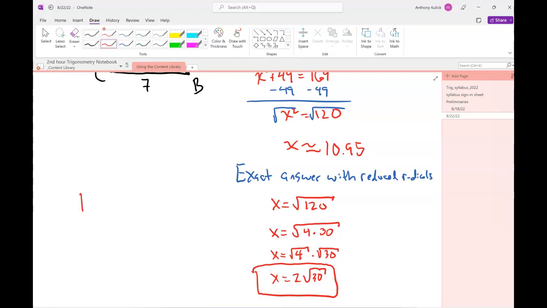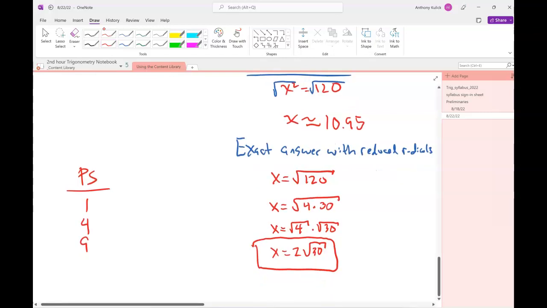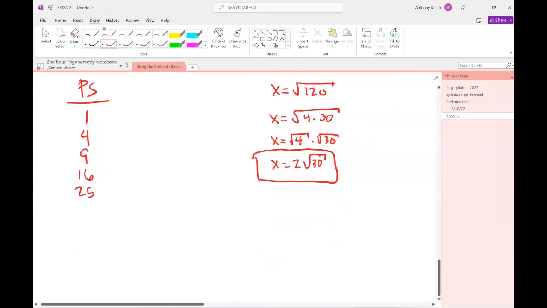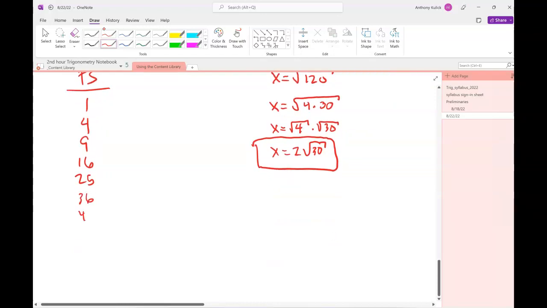So your perfect squares are 1, 4, 9, 16, 25, 36, 49, 64, 81, 100. Those are your first 10 perfect squares.